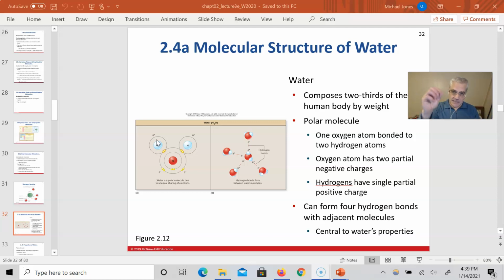So when you take table salt, which has sodium chloride in it, sodium is positive, chloride is negative. You put it in water, the chlorides start to hydrogen bond with this end of the water molecule. And the sodium, which has a positive charge, interacts with this end of the water molecule.